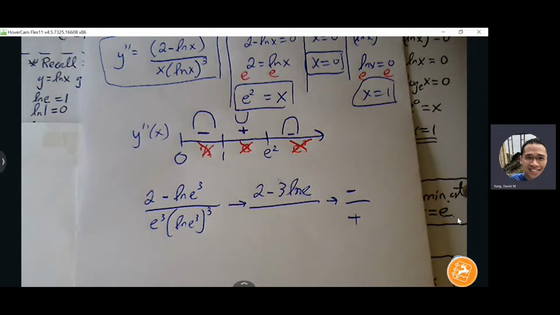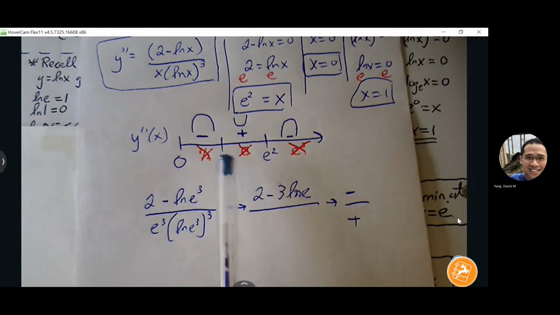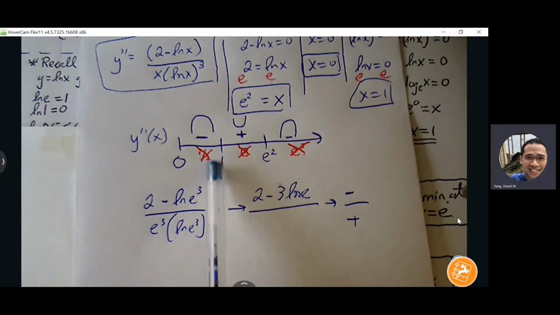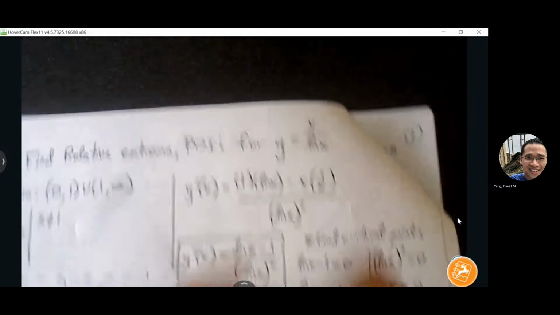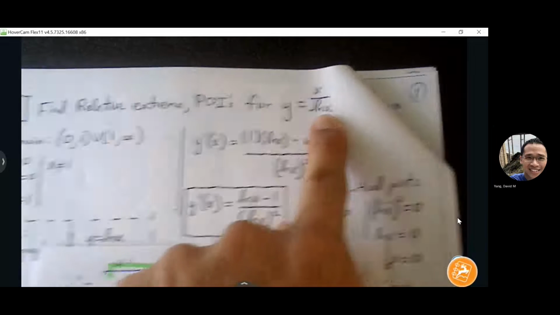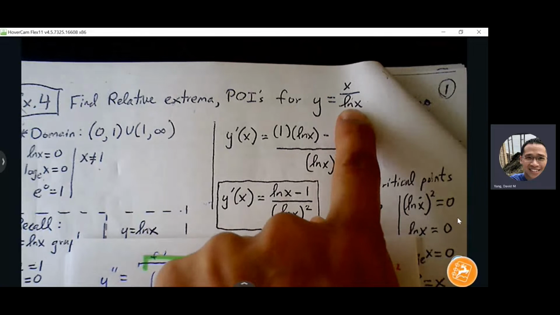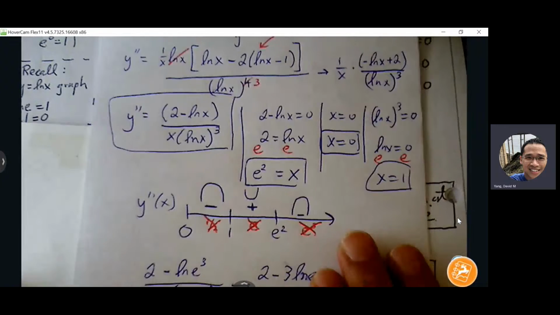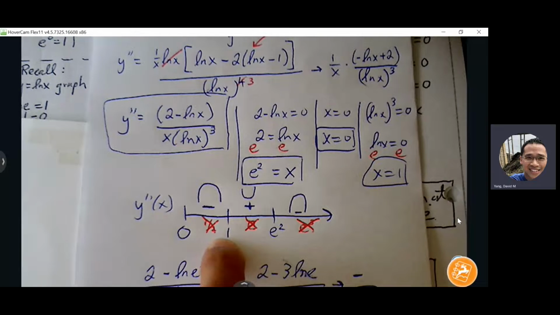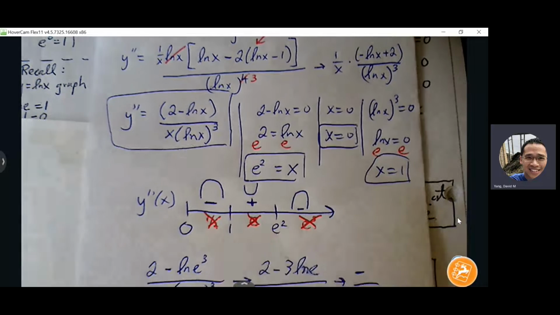It looks like 2 because there's a change in concavity, but there's something off about 1. Natural log of 1 is 0. Can I have 0 in the denominator? Okay, so that is a vertical asymptote. It doesn't exist. There's a concavity change, but if there's an asymptote, we can't call that a point of inflection. There's only one point of inflection, at e squared.